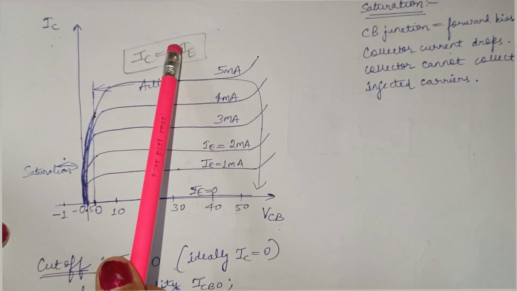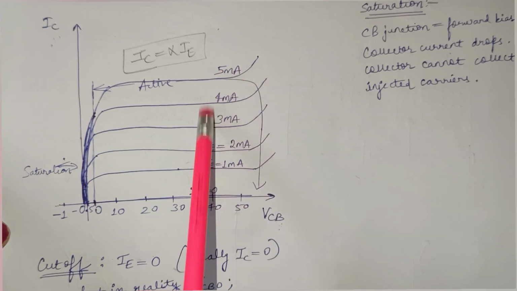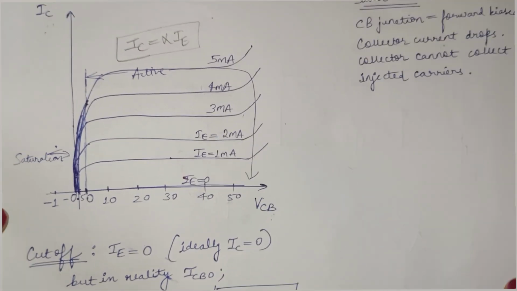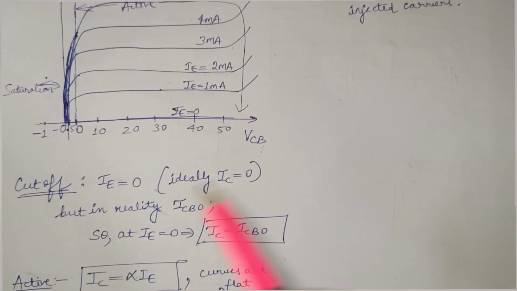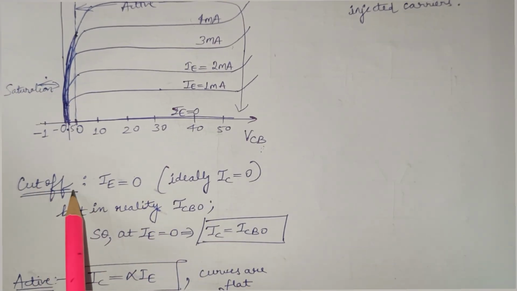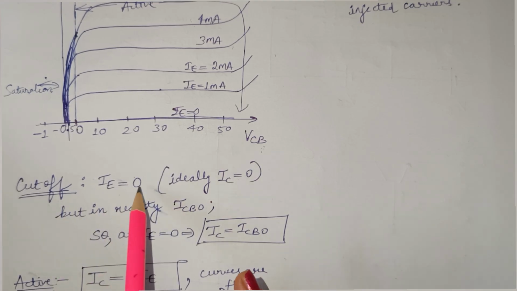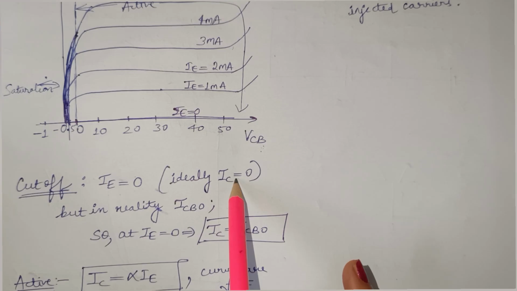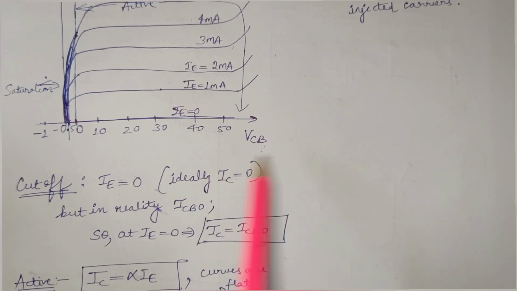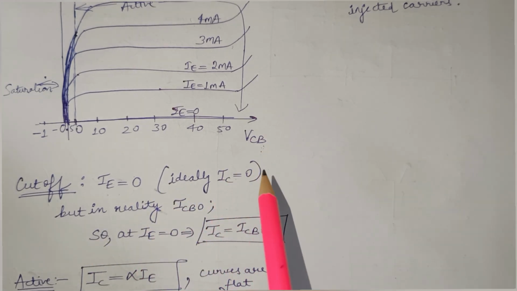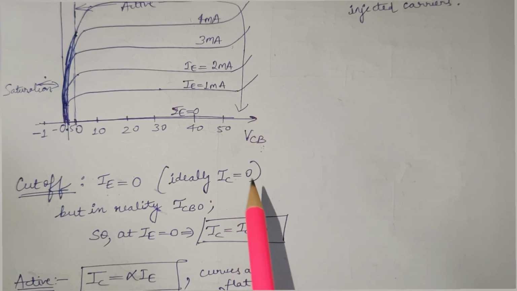Let's see what the regions are. For these different colored emitter currents, we have three different regions. So the first region is the cutoff region. Cutoff region is when you give emitter current 0. So with emitter current 0, ideally IC should be equal to 0. But IC is not 0. In practical situations, IC is not 0 because there is a reverse saturation current. You know that in a diode as well, there is a reverse leakage current flowing through the reverse biased junction.